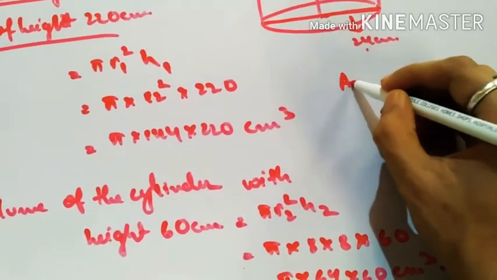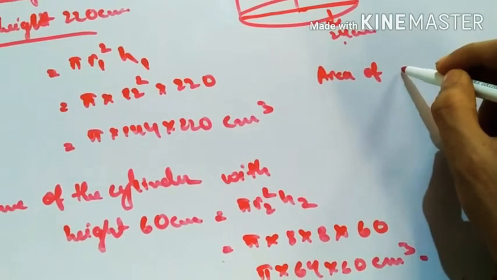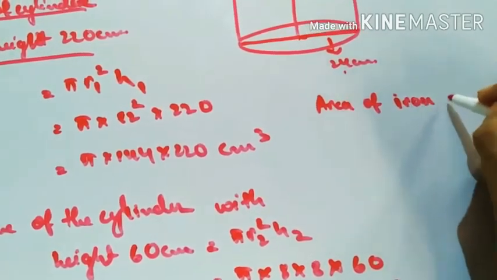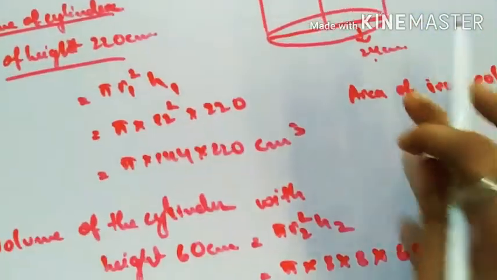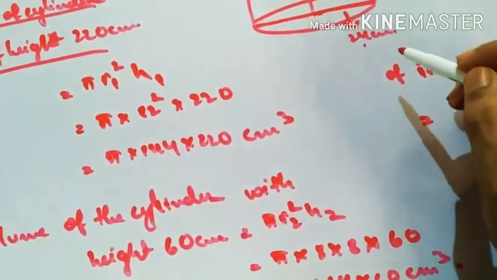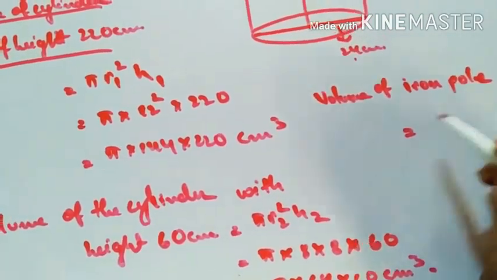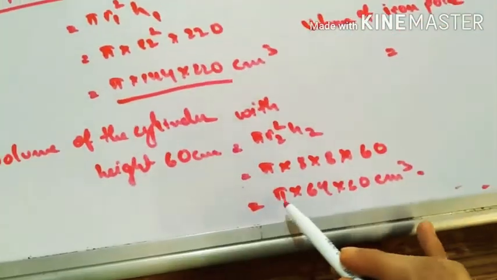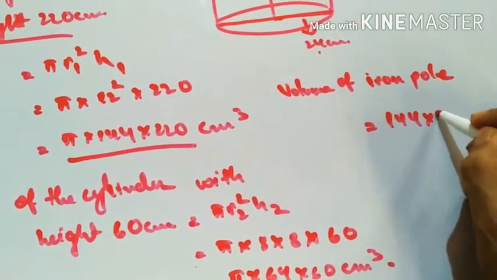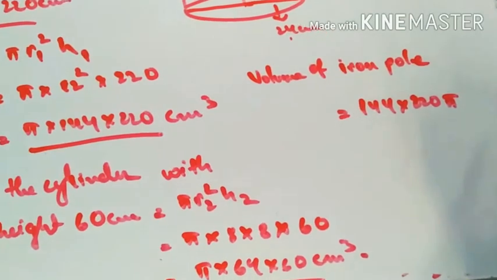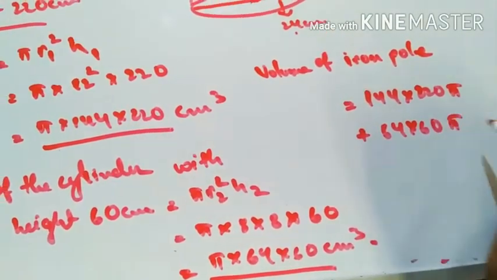Now I will find the volume of the iron pole. Not area, volume. Volume of the iron pole will be equal to this plus this. It will be equal to 144 into 220 pi, plus 64 into 60 pi.